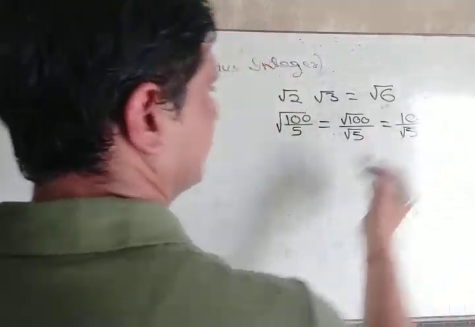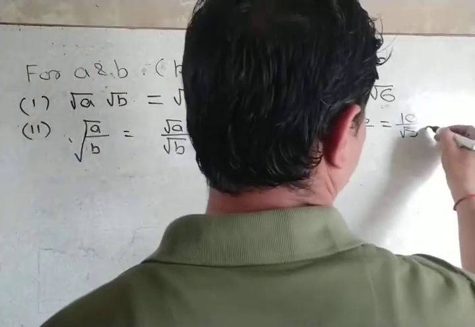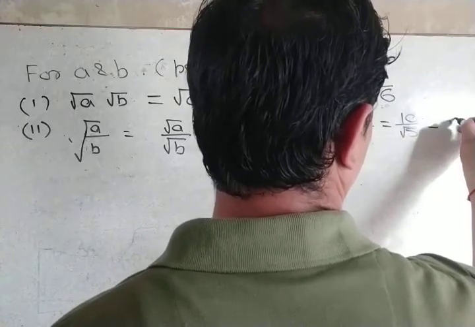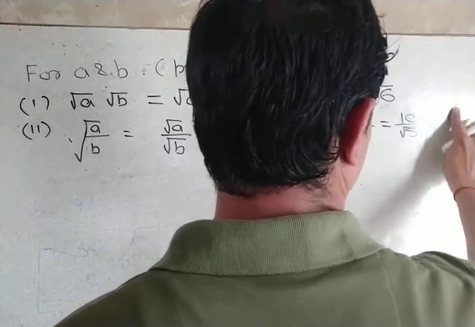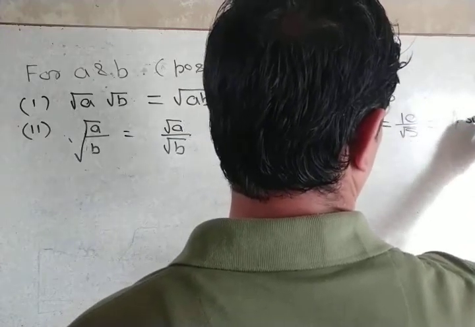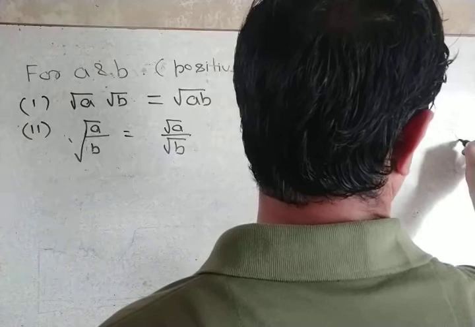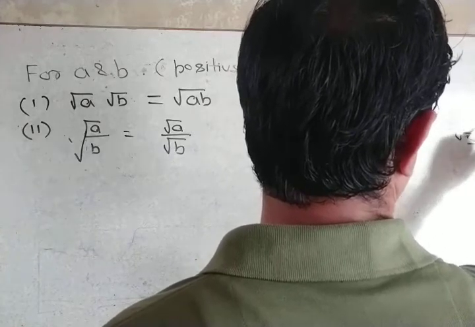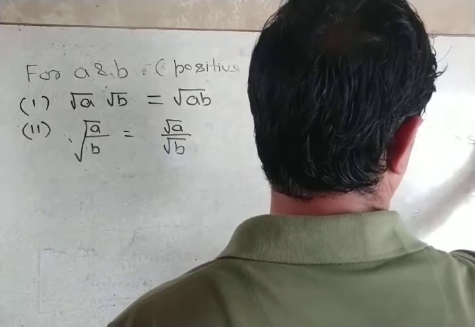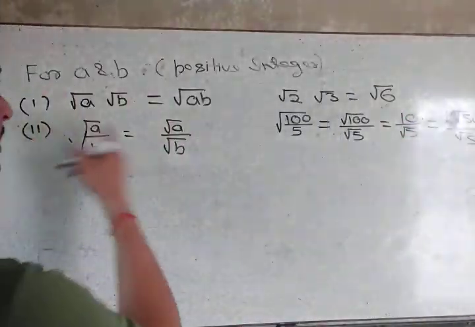Later on, you can say this is not the correct method, but this can be written as 2 root 5, and root 5 will cancel out, leaving 2 root 5. Okay, so this is an identity.